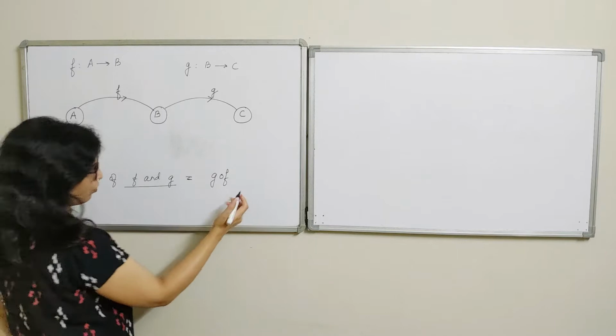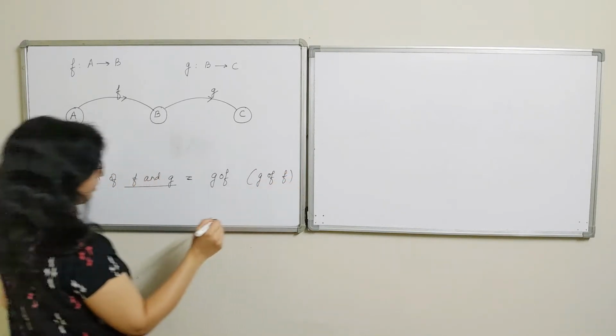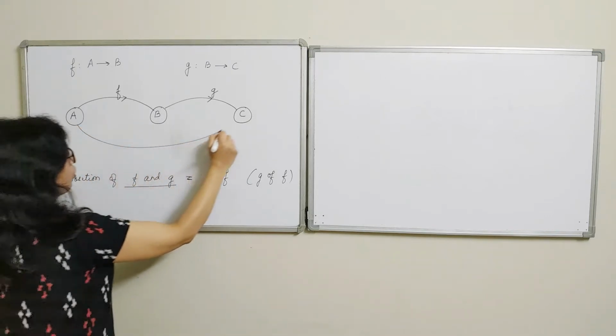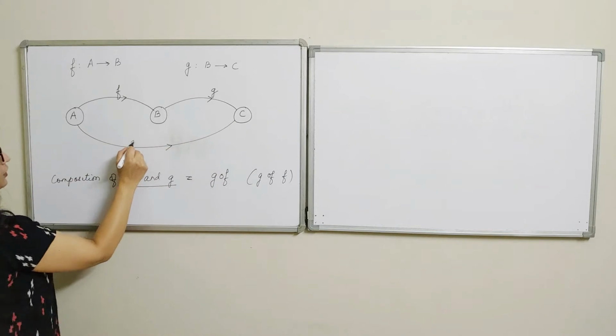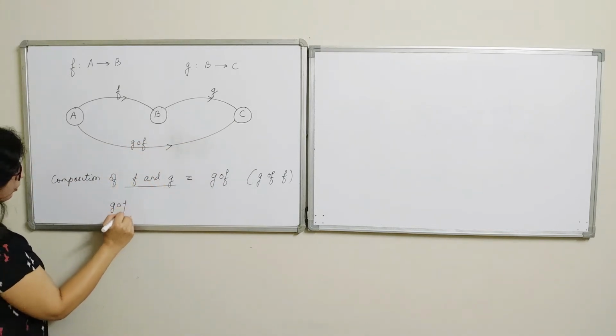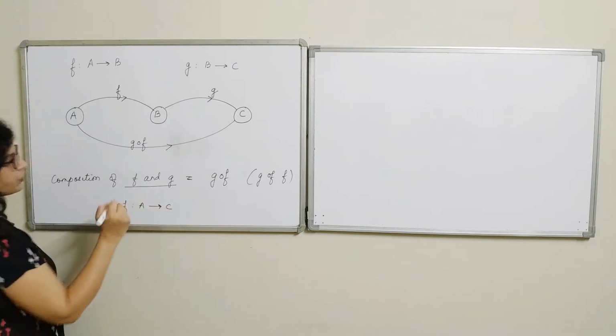You read it as gof or you can read it as g of f. So this is the gof function. Here we can write down that the gof function is basically defined from A to C.